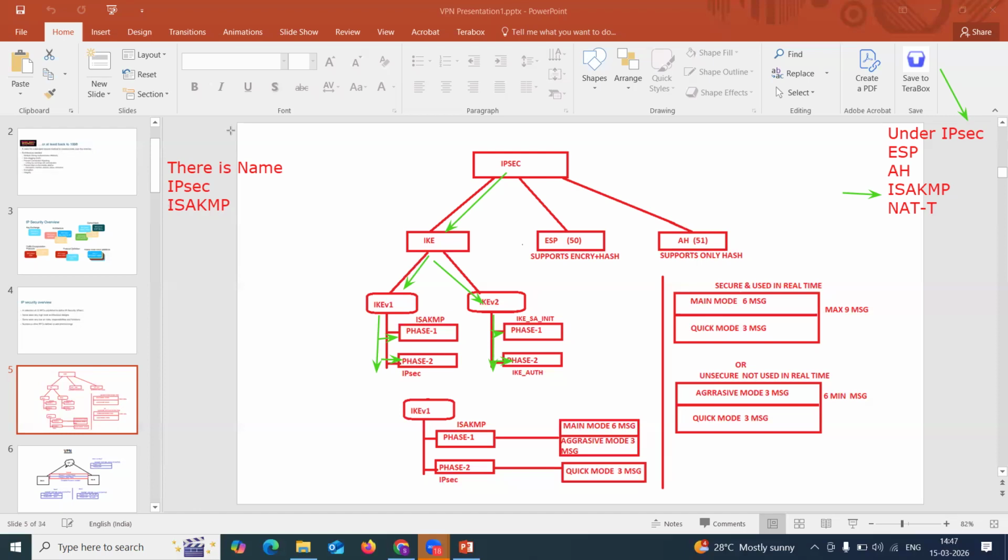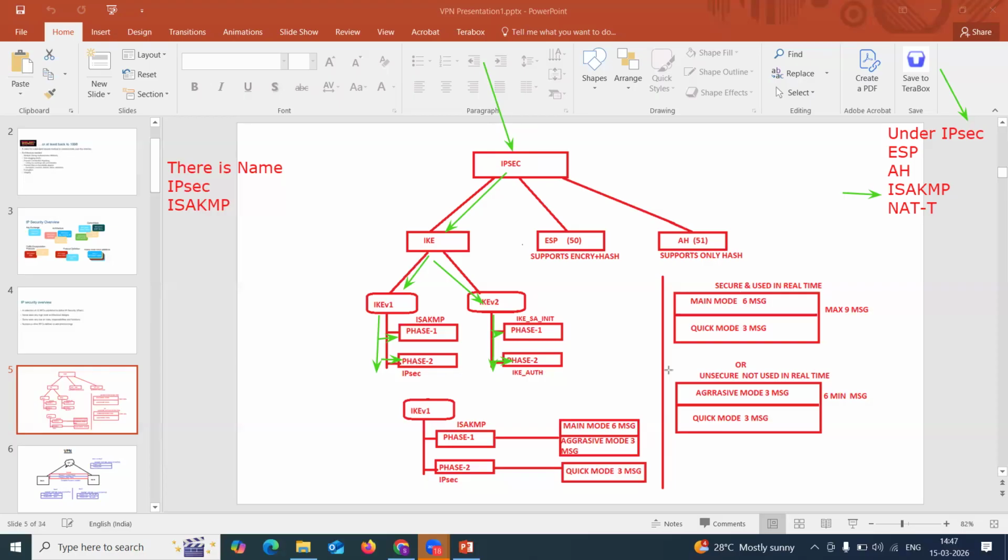There are conditions where IPsec and ISAKMP is used as a protocol, and there is a condition where IPsec and ISAKMP is used as a name. For example, which protocol are we learning? We are learning the IPsec protocol, right?